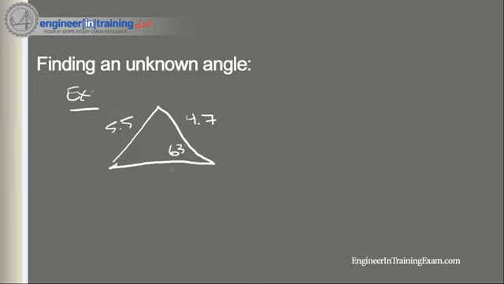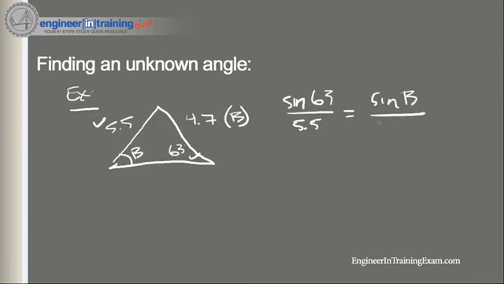So how do we do that? Let's say this is angle B. Since we know side B, and we know that 63 is the angle opposite to our second known side, all we need to do again is take our sine of 63 divided by the known side of 5.5, equal to our unknown angle B divided by our known side of 4.7.